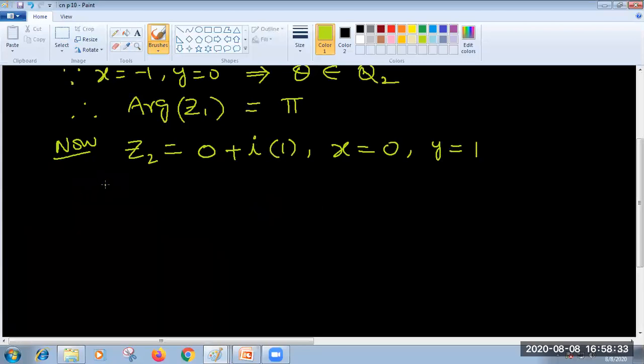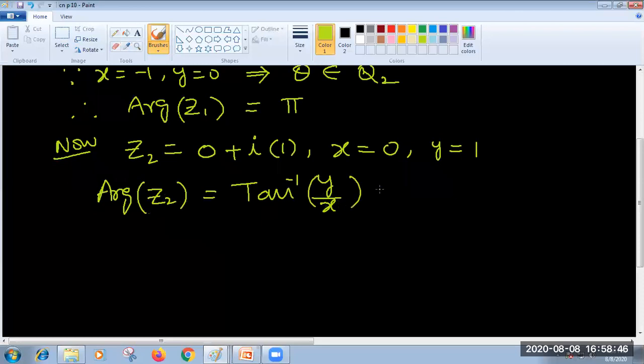Now argument of z2 is tan inverse y by x. So tan inverse 1 by 0, that is tan inverse infinite, anything by 0.